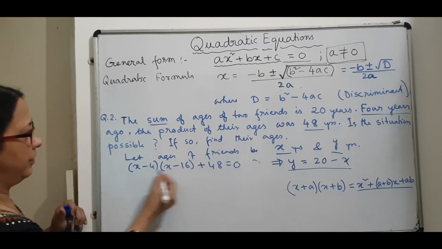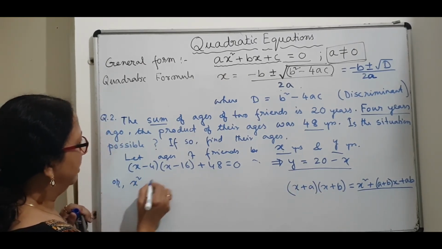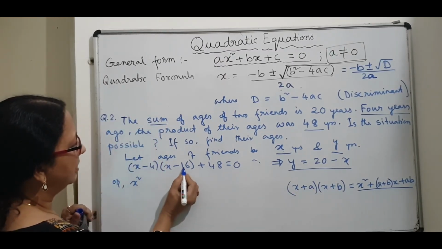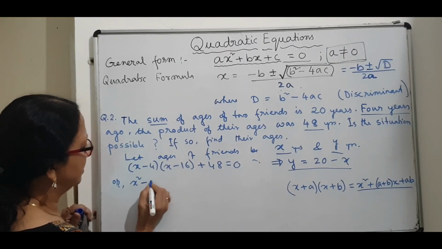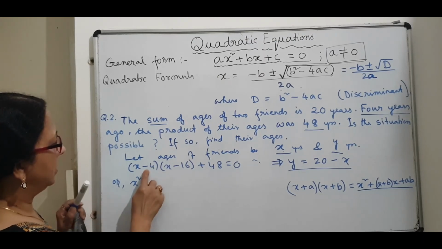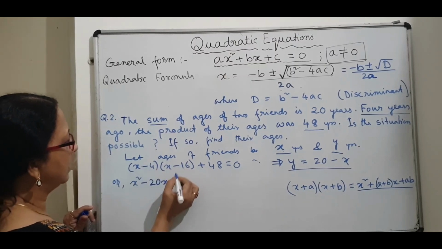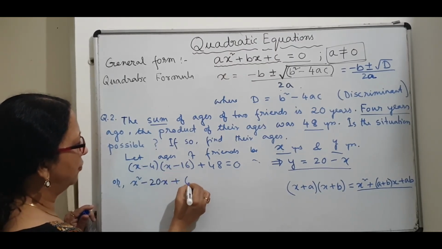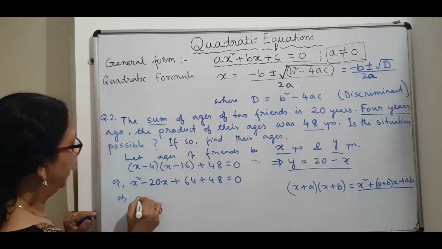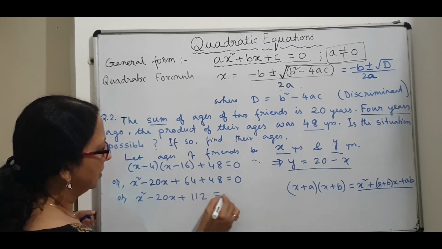Then further I can use the identity: x square, then the sum of the constants a plus b times x. Here a is minus 4 and b is minus 16. So minus 4 plus minus 16 is minus 20, so minus 20x. Then the product of these two, minus minus plus, 4 into 16 is 64, plus 48 is equal to 0, or x square minus 20x plus 112 is equal to 0.